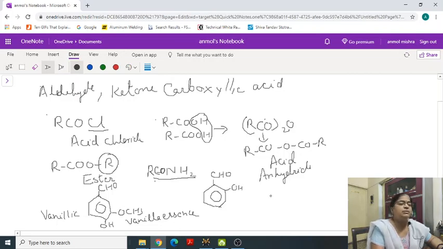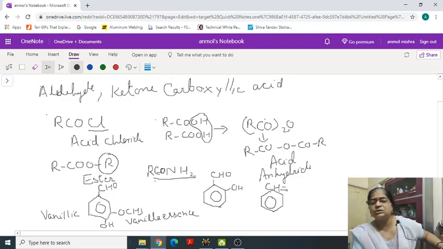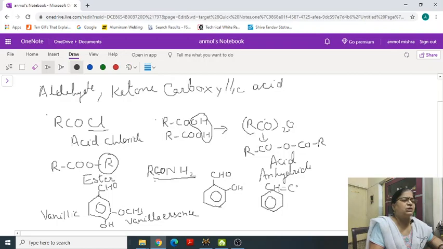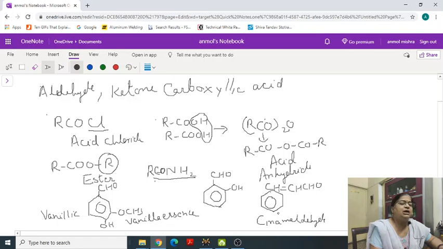And third is cinnamaldehyde, CH=CH-CHO. Now this compound is used as dalchini in our foodstuffs, garam masala, one of the most important ingredients, just like the stick or you can say bark of a tree.